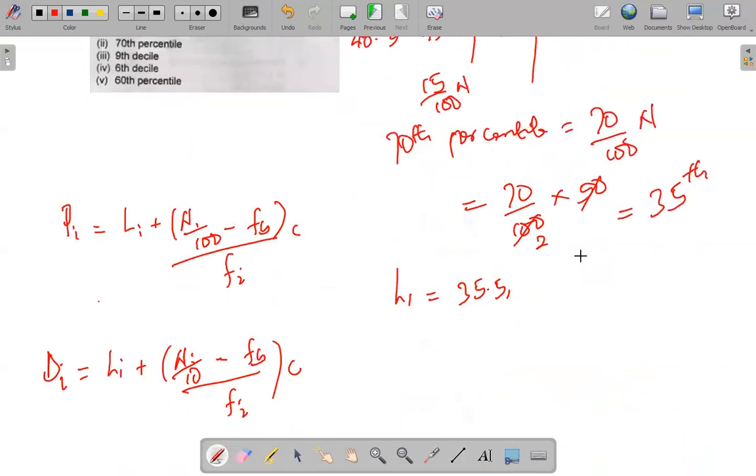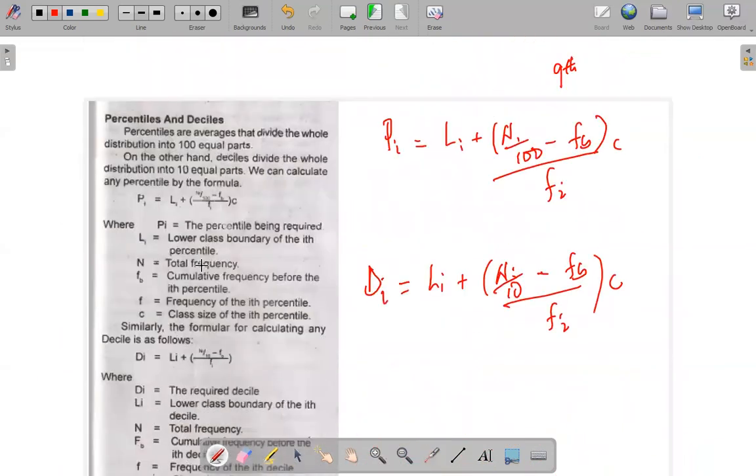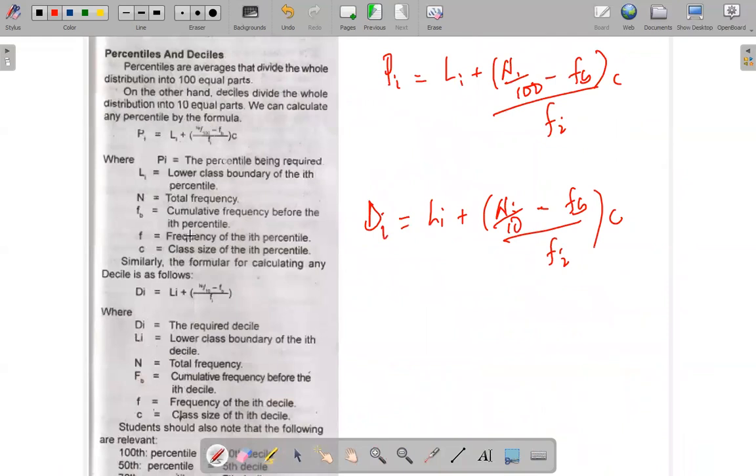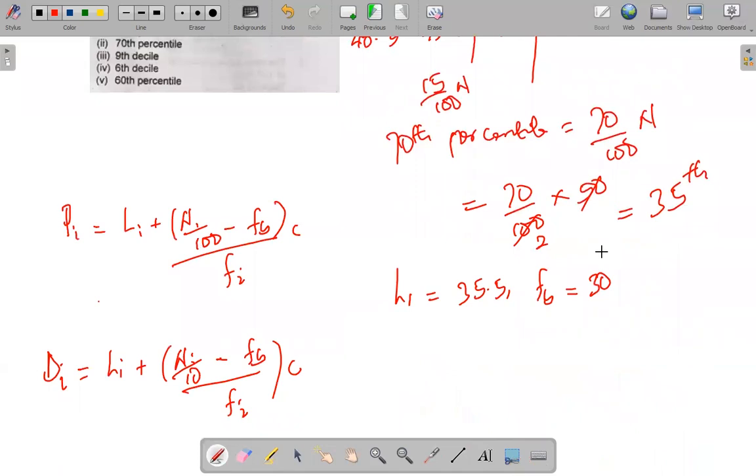So Fb is equal to 30. What else do we need? Fi now. Fi is the frequency of the ith percentile. Our ith percentile is the 70th percentile, which lies in the 35th position. And what is the frequency there? It is 7. So Fi is 7.